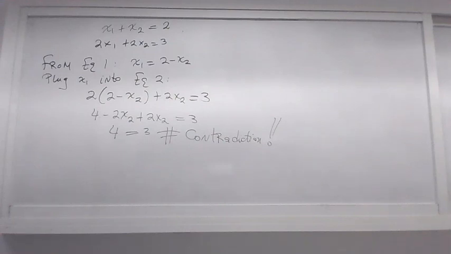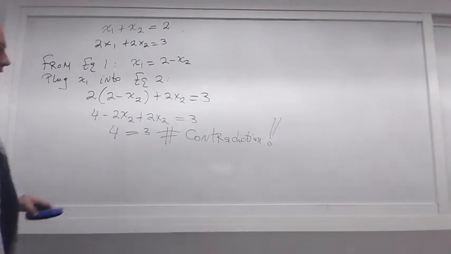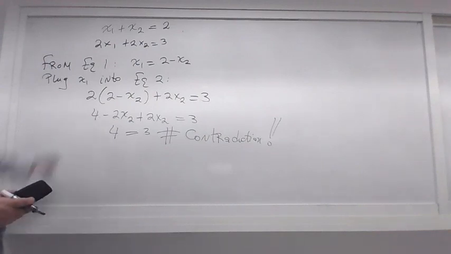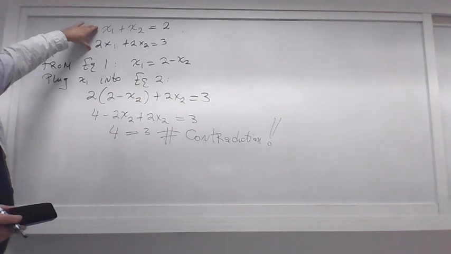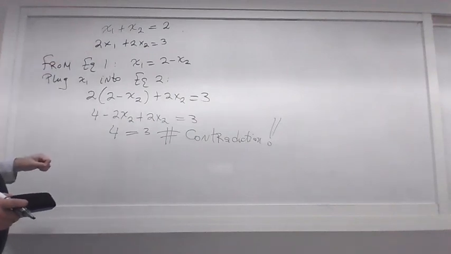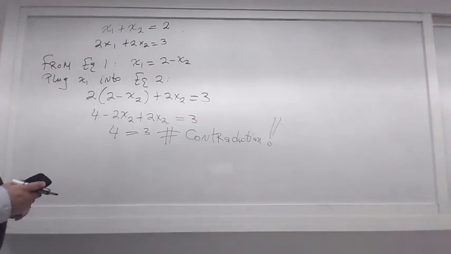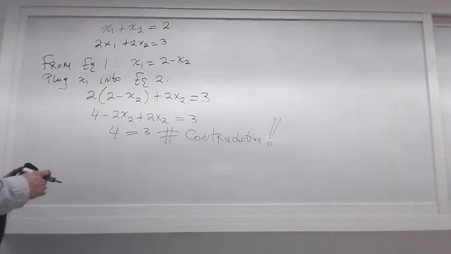Well, what does this mean? Because this is not true. We know that 4 and 3 are not the same. Well, that means that these two equations are not compatible. Or in other words, you can say that they are in contradiction. What does that mean? Well, that means that this system doesn't have a solution.